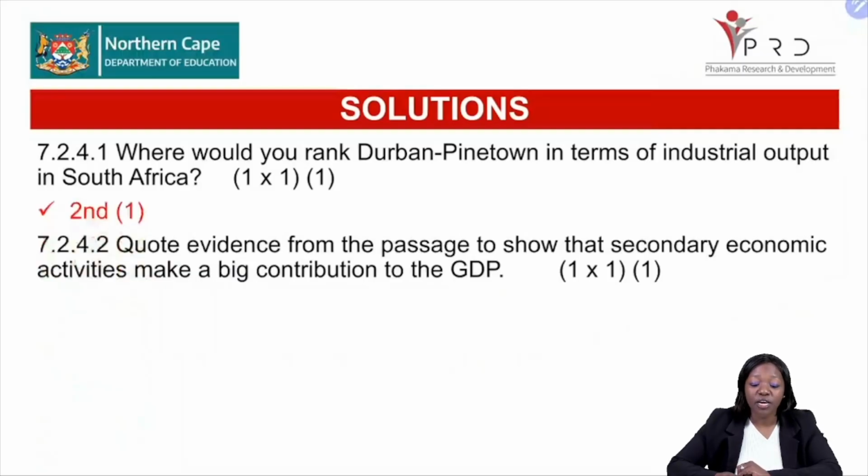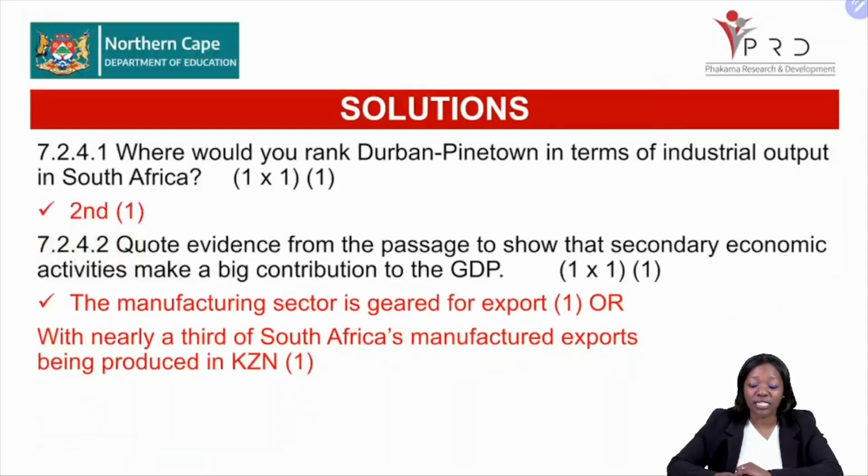Then secondly, you are supposed to quote evidence from the passage to show that secondary economic activities make a big contribution to the GDP. The manufacturing sector is geared for exports, or one can say with nearly a third of South Africa's manufactured export being produced in KZN.